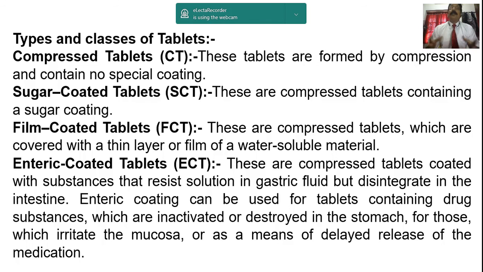Like that you can prevent it. That is called enteric coated. You are coating some material which will not release the particular drug in the stomach, and it will release only in the intestine. This is one definition, one use of the enteric coating.